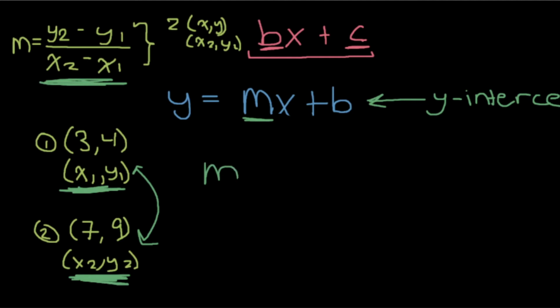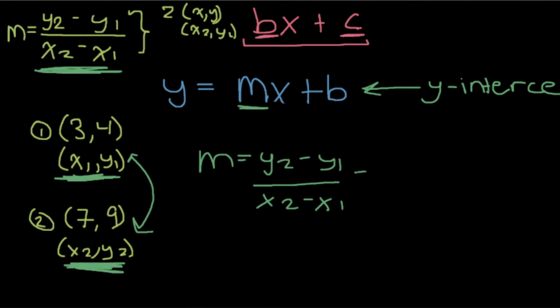Alright, let's start off with the equation. We have y2 minus y1 over x2 minus x1. This is also represented as delta y over delta x. Let's move horizontally as I don't have too much space.